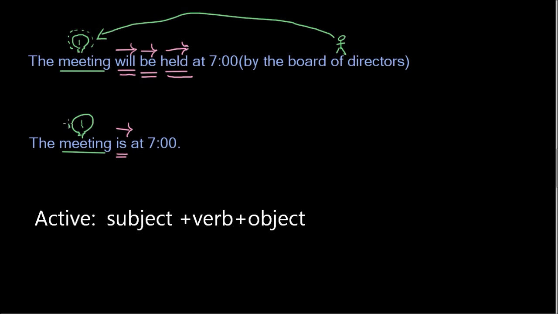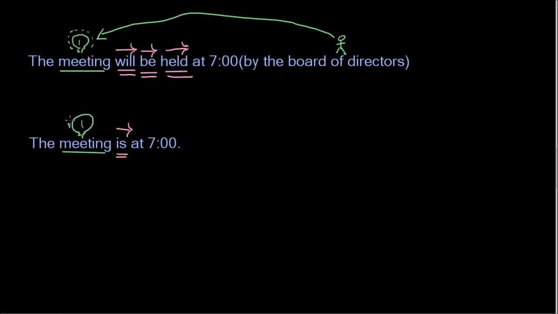The major advantage of the active voice. Now if we're not sure, we could throw in by the board of directors, but it doesn't work in this case. The meeting is at 7 o'clock by the board of directors. The meeting simply is.